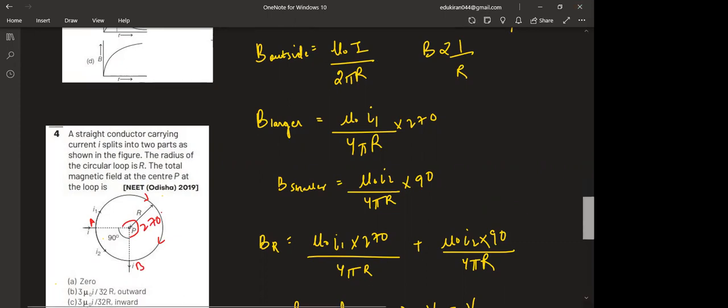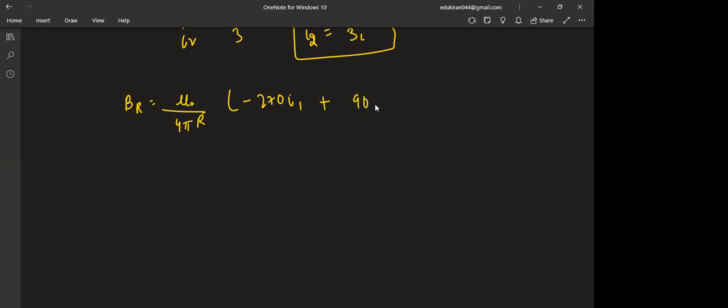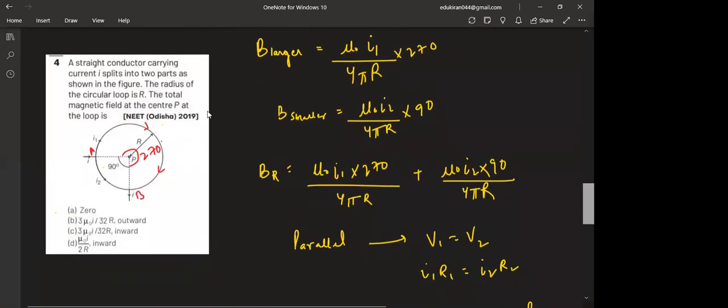See, when you will put it, resultant magnetic field, this is mu naught by 4 pi r minus 270 I1 plus 90 I2 is there. This is what we have still here. And why am I writing minus 270? See the direction.